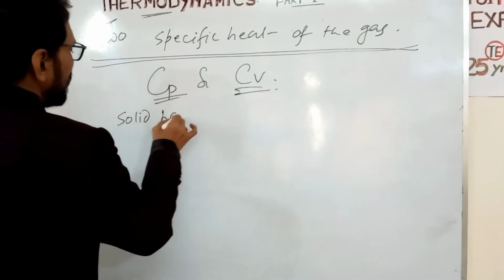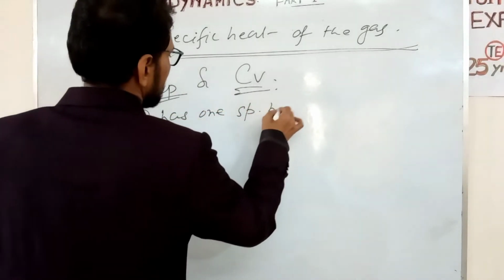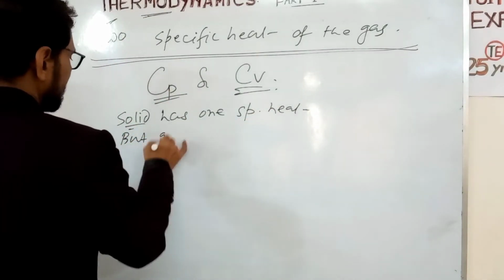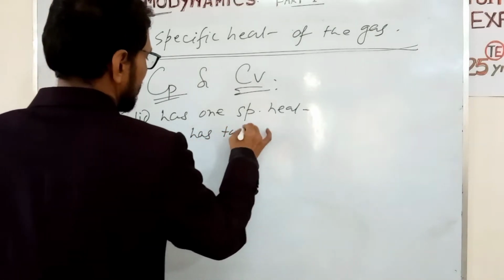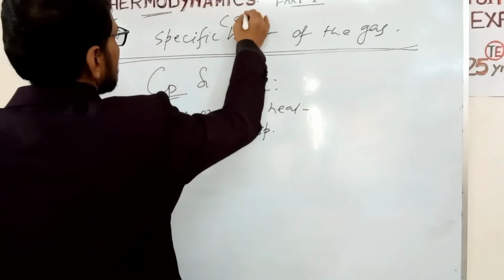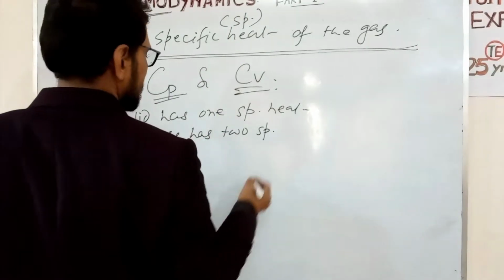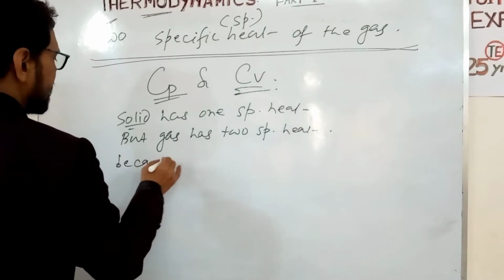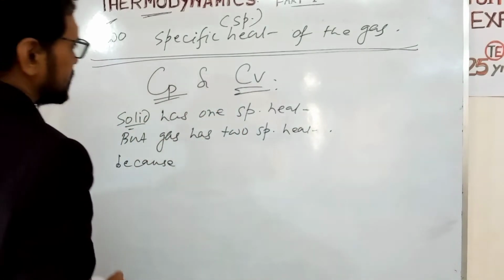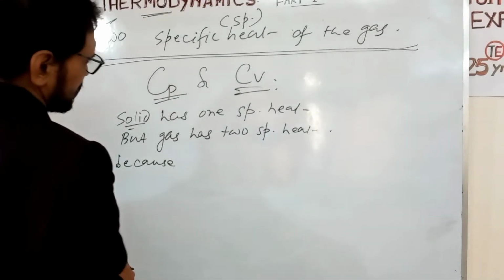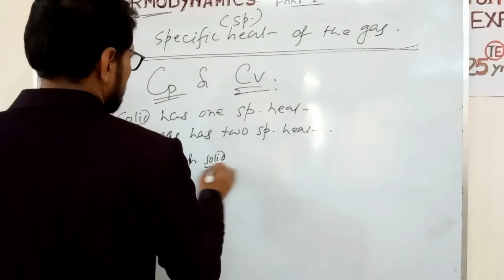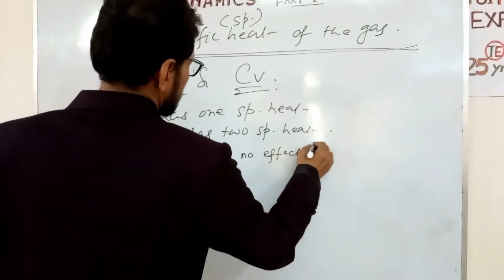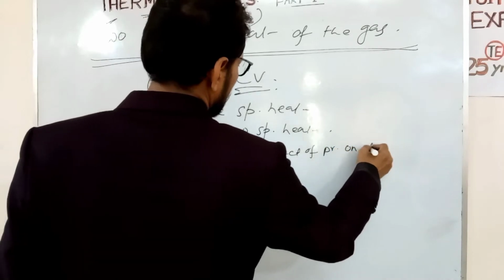A solid has one specific heat, but a gas has two specific heats. Because in a solid there is no effect of pressure on the change of volume.